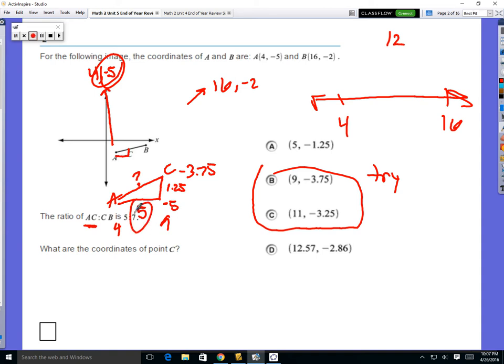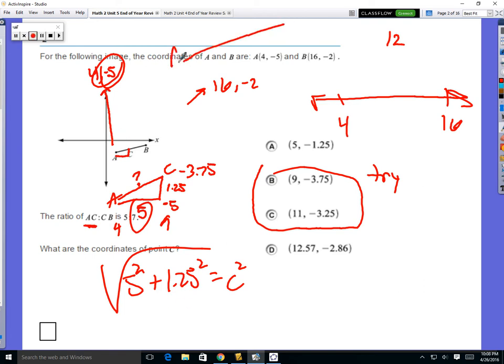So I'm going to go a squared plus b squared equals c squared, and square root that, probably change that to a decimal. So this distance right here, A to C, is 5.15.